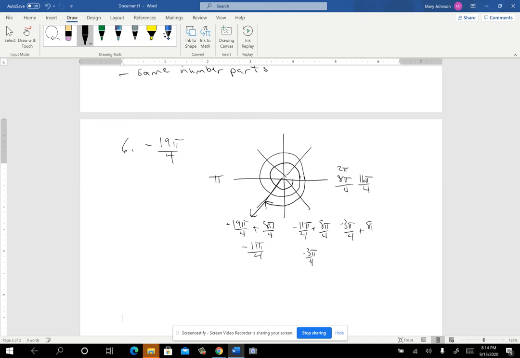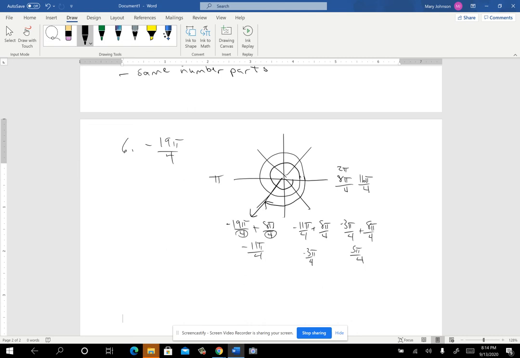So if I added another rotation, that would get me to 5 pi over 4. All right, so that's one way to do it that you oftentimes see, is that you can keep adding a full rotation, in this case 2 pi, but since the denominator was 4, I used 8 pi over 4, and just keep adding those rotations until you get into a positive angle.